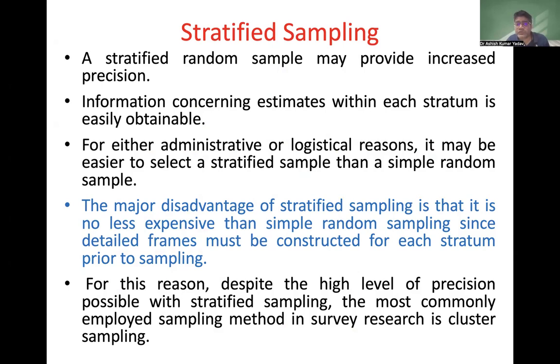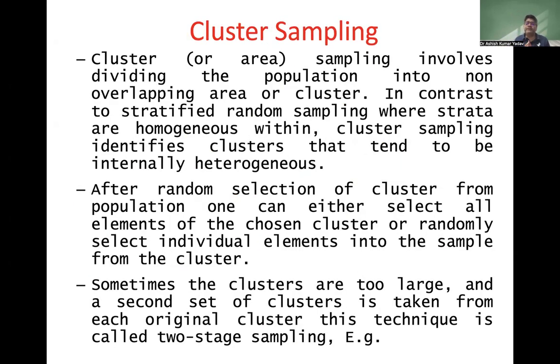Okay. Now, coming to another very important type of sampling, which we call the cluster sampling technique. Cluster sampling is just the reverse of stratified sampling. Often it is easier to study a group of the population than individuals.